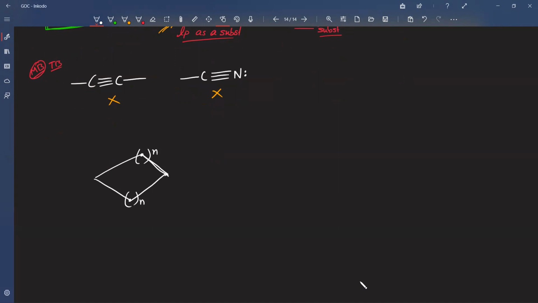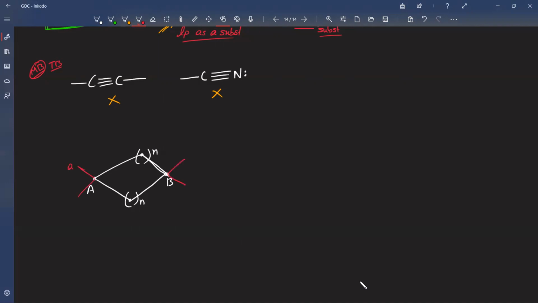It can have any number of carbons. These two carbons, you can choose any two carbons. For example, A and B, these two are the restricted ones. They cannot rotate. Now this A and B will have two more bonds if they are carbon.